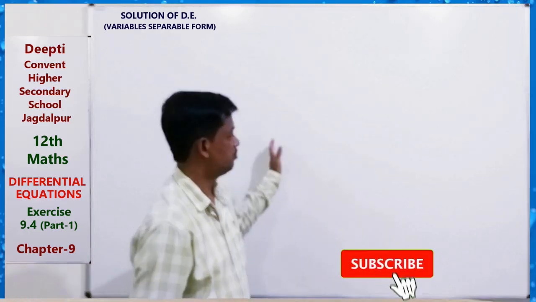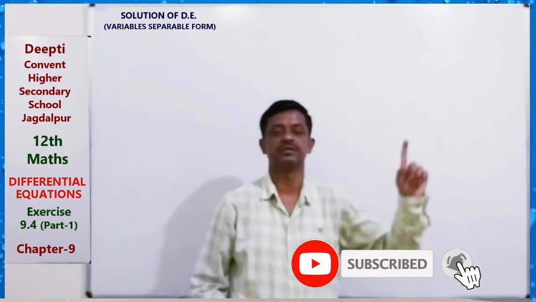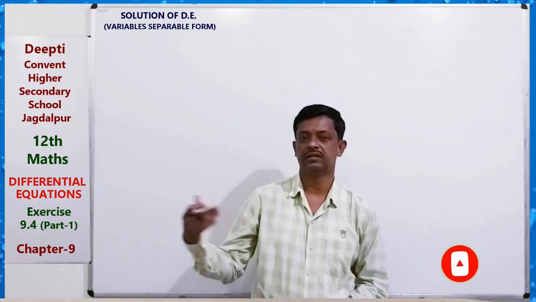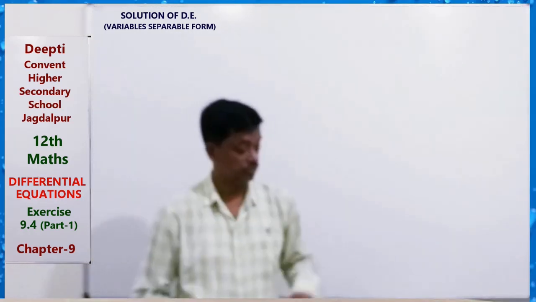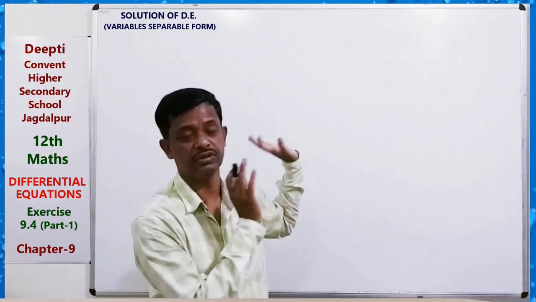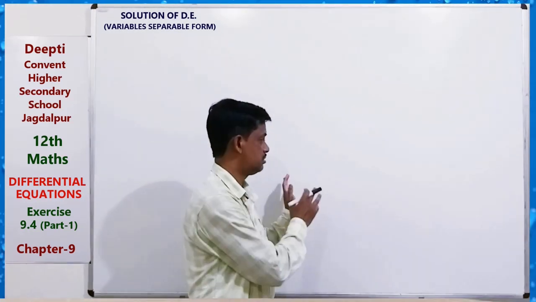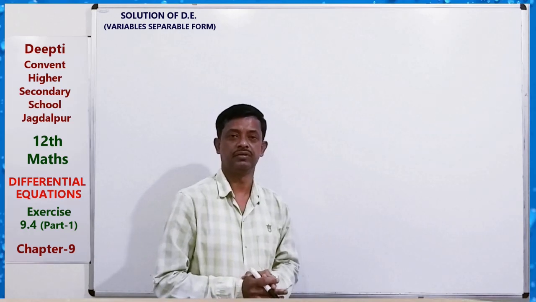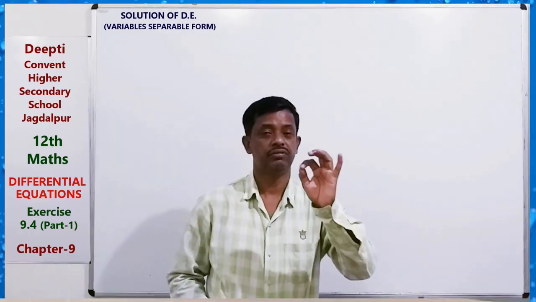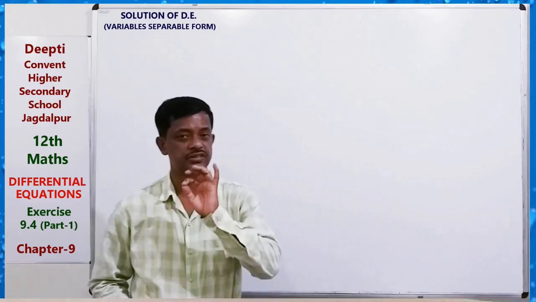We have to solve them one by one. The first form is separable form, the second is homogeneous differential equation, and the third is linear differential equation. So solving first order, first degree differential equations is our topic.